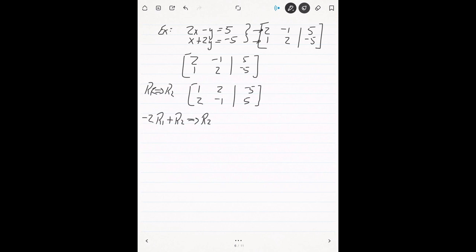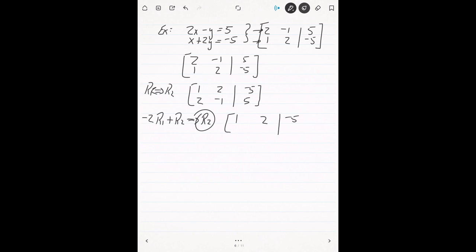If I did that, I would take all of these values in row 1, multiply them by -2, and add them to the second row. So let's try to see what happens here. Notice that row 1 doesn't change, okay? I'm just changing what row 2 is here.